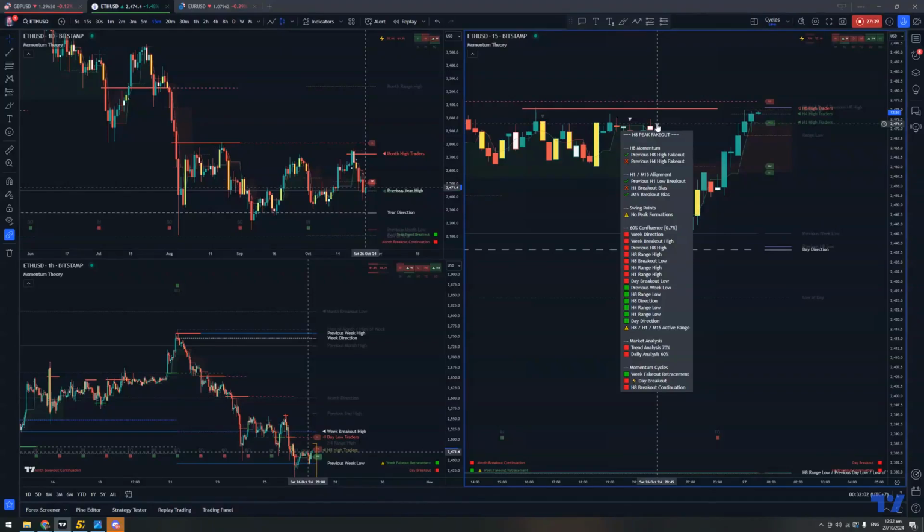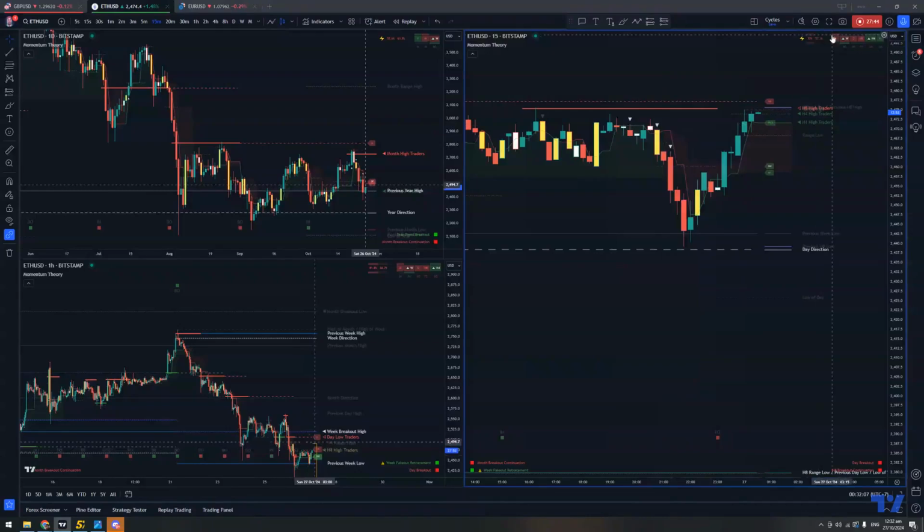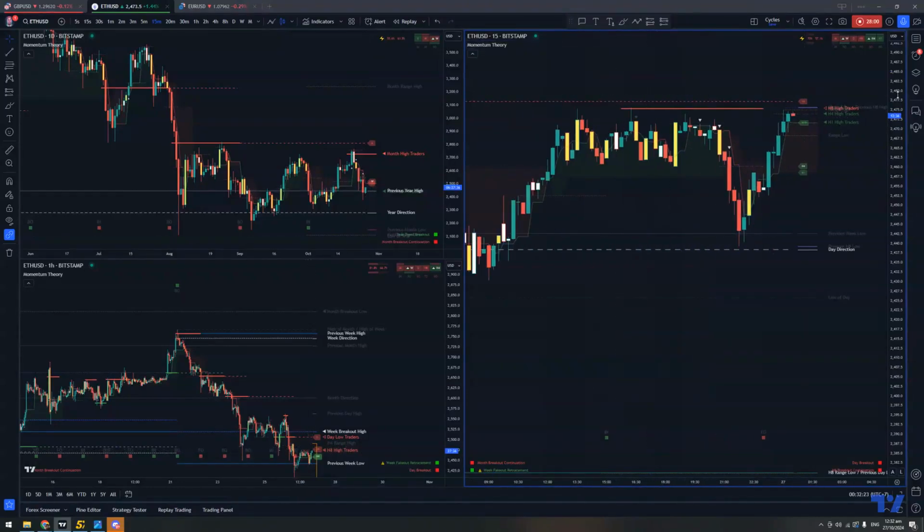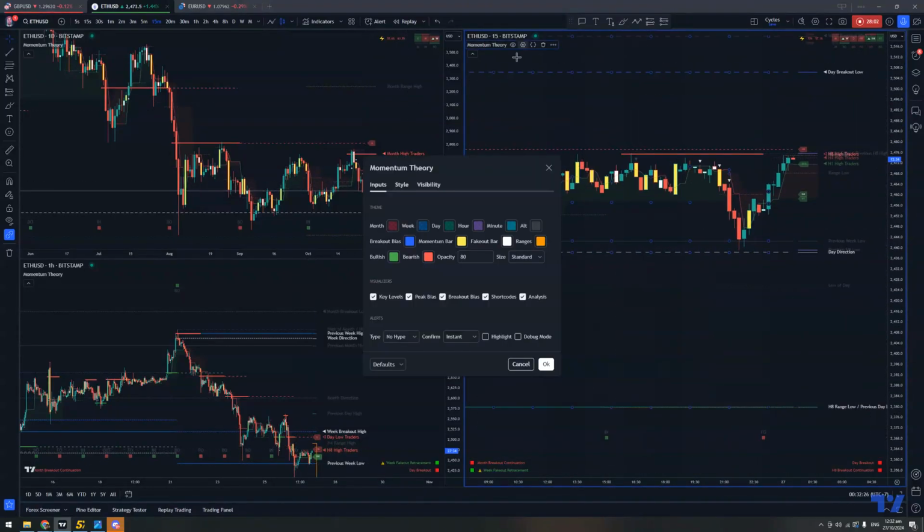So I can see the confluence, trend analysis, 70%, 60%. So it's basically a snapshot of everything straight onto this. So you can use this for data. At the bottom there, momentum cycles, it even tracks all the momentum cycles and everything. And if there was a best trade setup, that lightning bolt. Yeah, so that's all the new stuff.